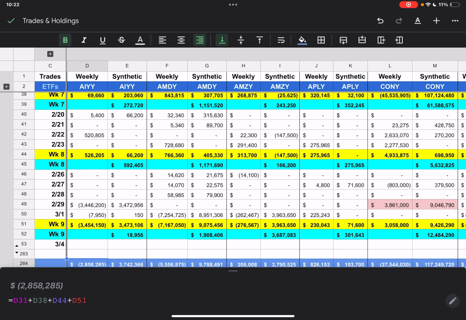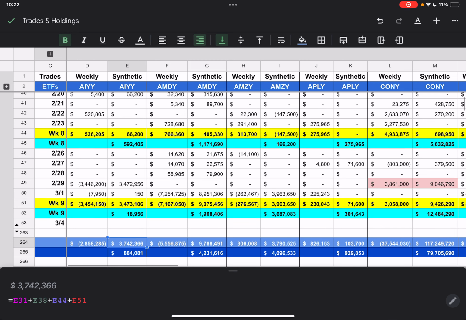And then the same thing for the synthetic. It's just going and adding them. And then of course the next line is the total. So according to this, with the weekly and synthetic of AIYY, we've only earned about 884,000.